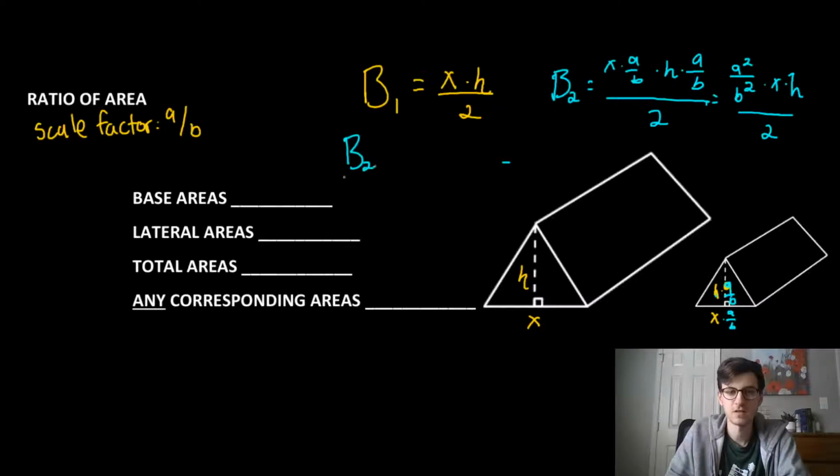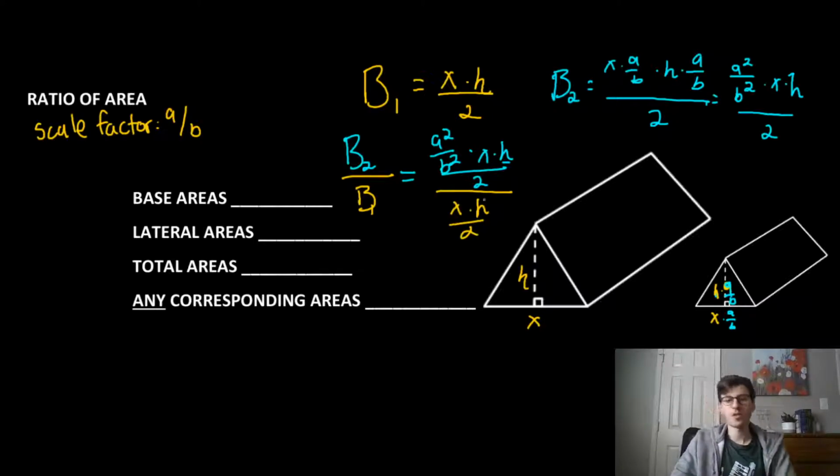Let's say that this is base 2 over base 1. Okay, so that's A squared over B squared times X times H over 2, over X times H over 2.